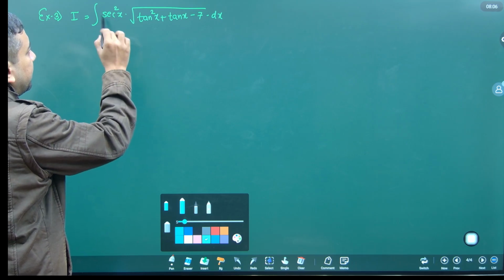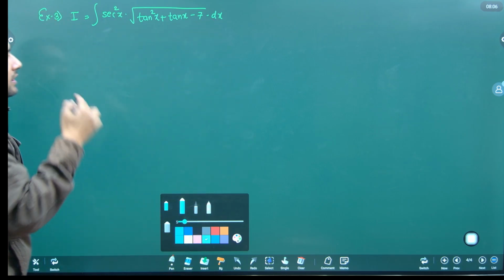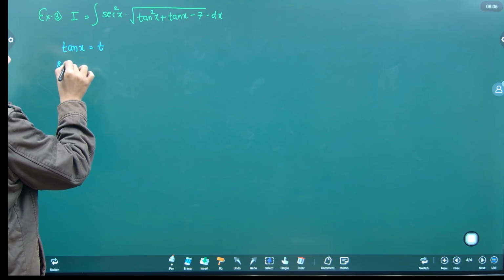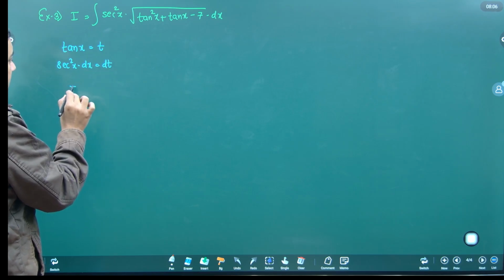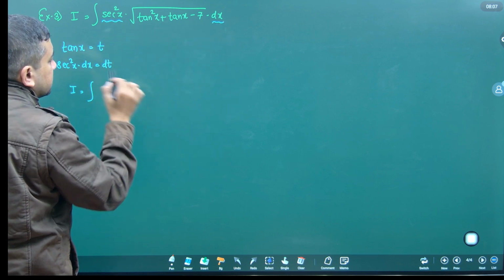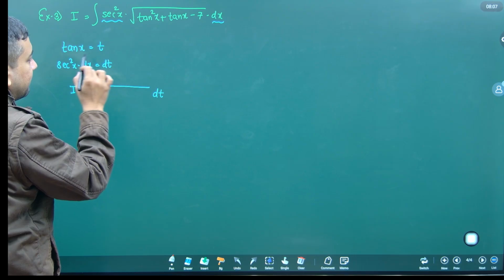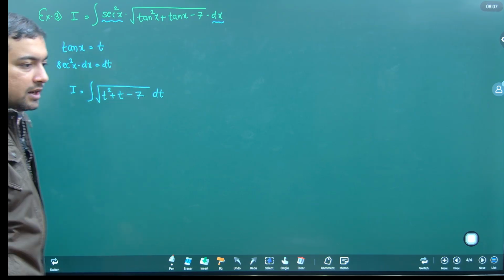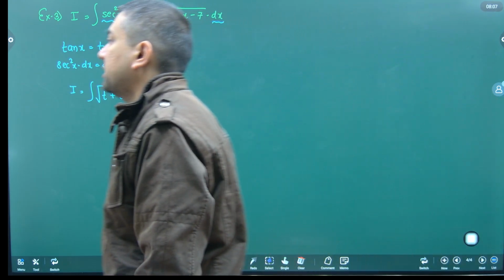Observe here, if I put tan x equal to t, then sec square x dx becomes dt. And under the root, what term am I having? tan x as t, so it becomes t square plus t minus 7. Is this correct?